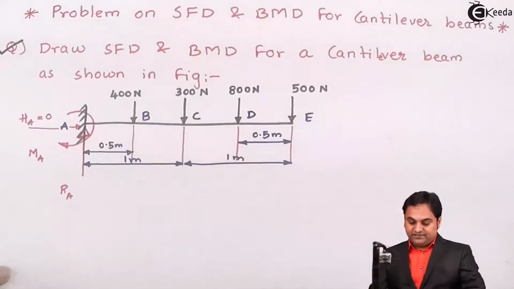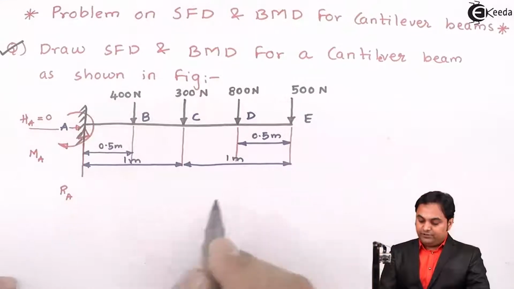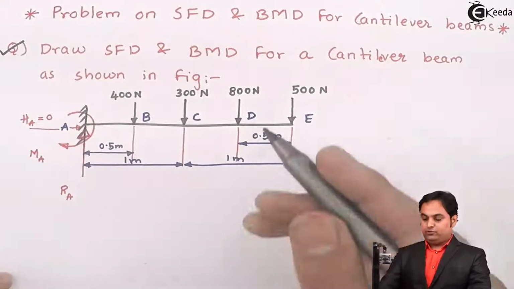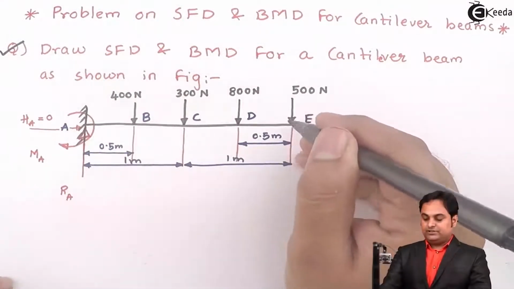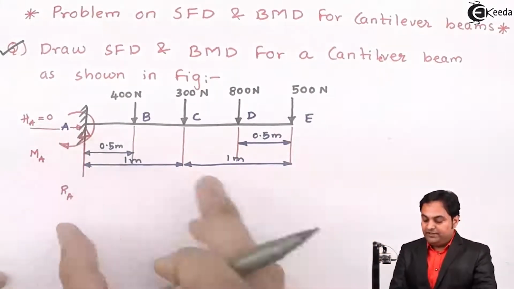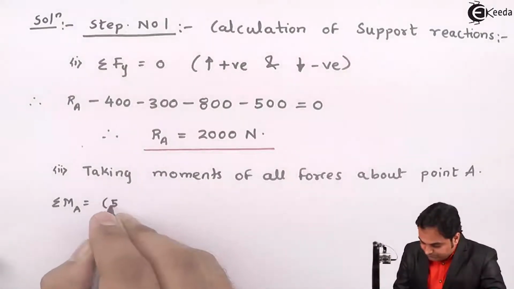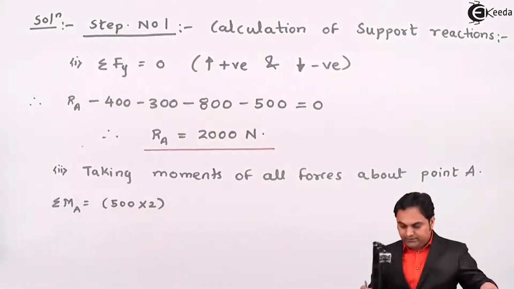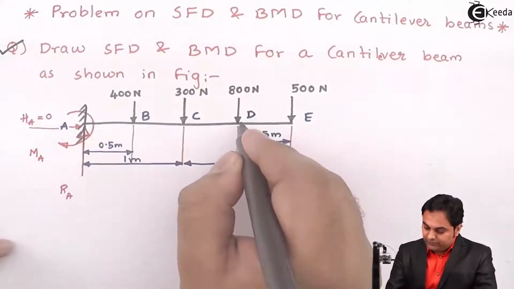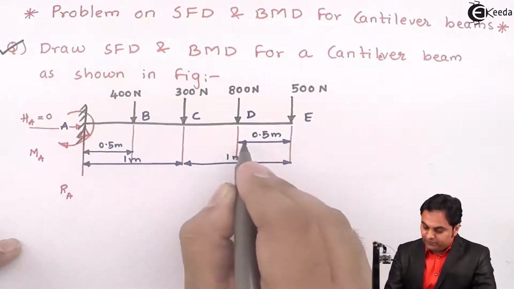If we see in this diagram, I want to calculate the moment at point A. 500 into 2, that is force into the distance. That is the definition of the moment, that it is force multiplied by the perpendicular distance. If I take the force as 500 Newton, its perpendicular distance from point A is 2 meters. So that will be plus 500 into 2, then 800 into, now the distance of point D with respect to A: here it is 0.5 and it is 0.5 from here.